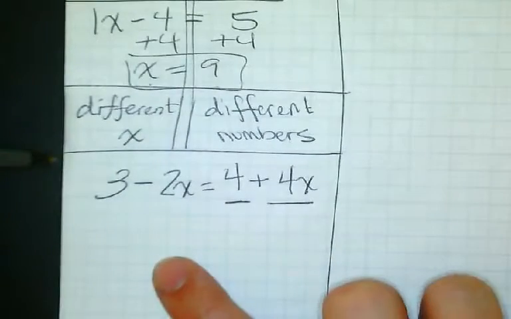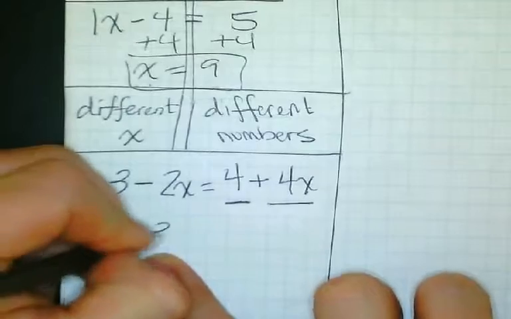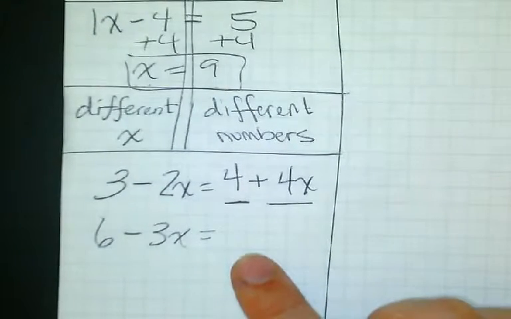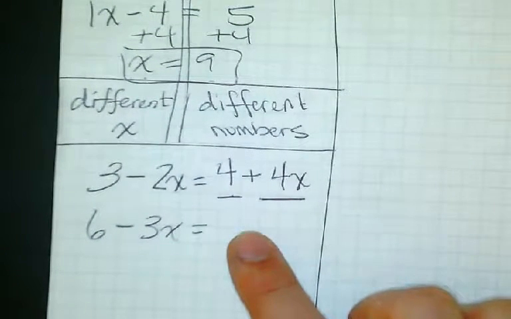Nayeli, think of another number. 6 minus 3x. So, Alyssa, what would the other side have to be if we just wanted one solution, Miss Alyssa?